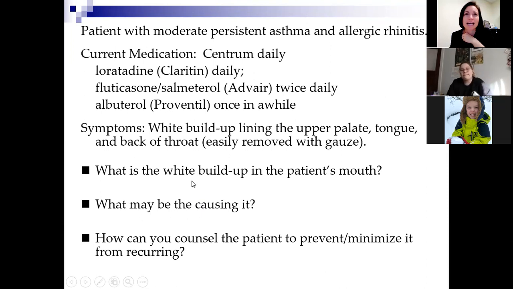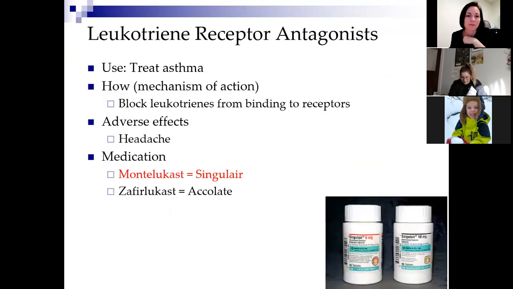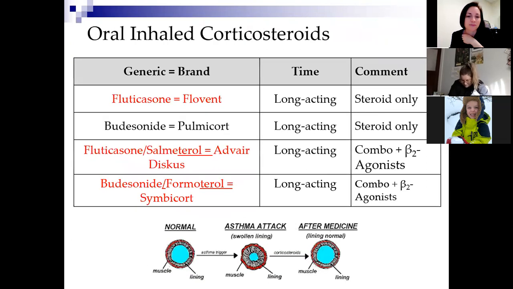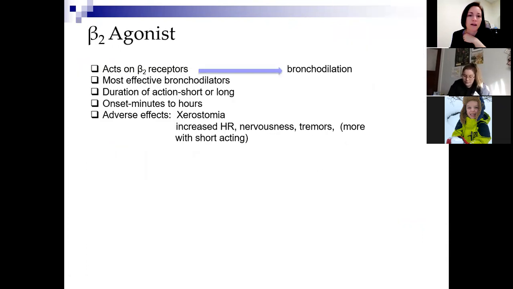Now I'm second guessing myself. Hold on. Let's back up. Because it's the corticosteroid that causes the thrush. So that was Advair.